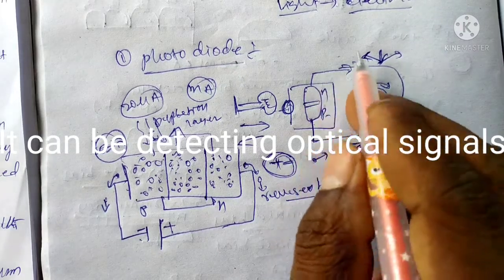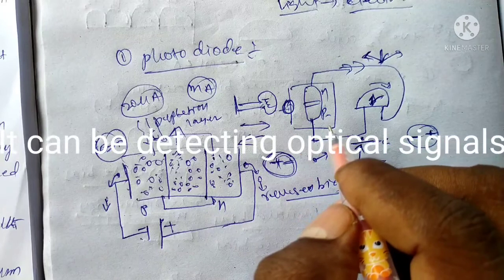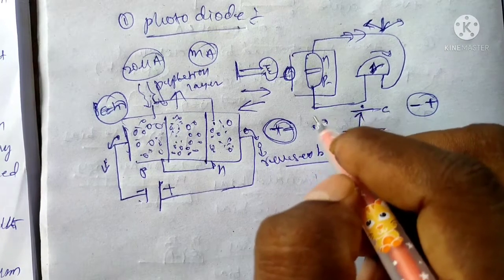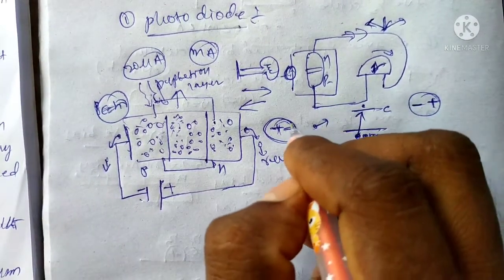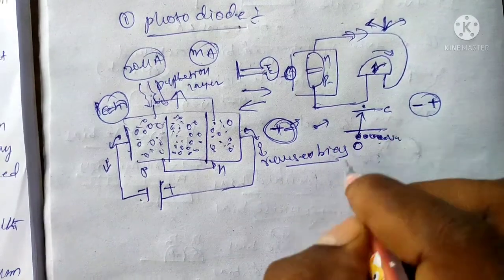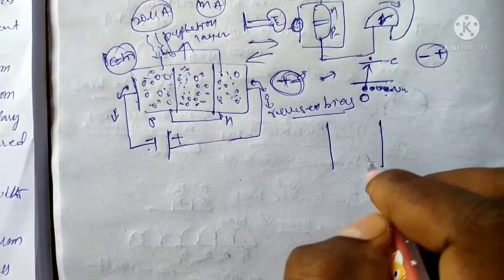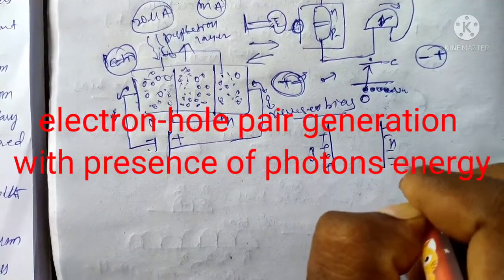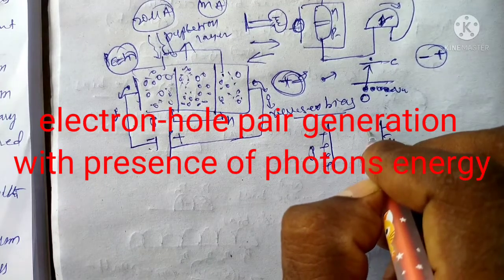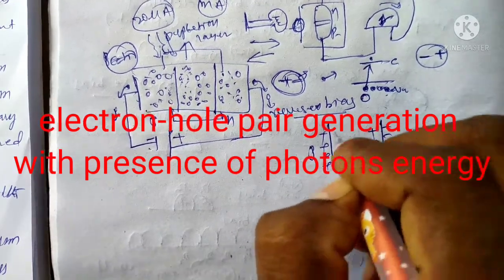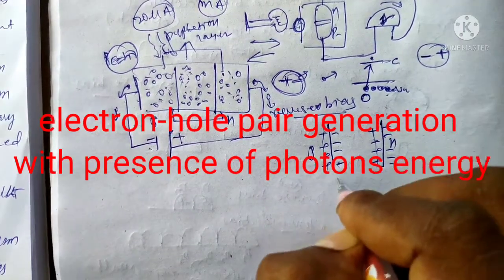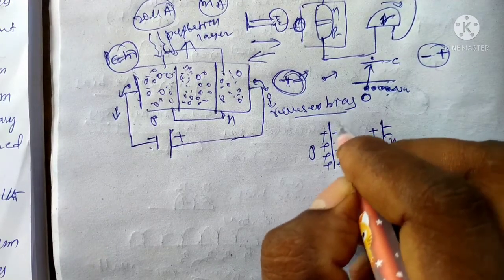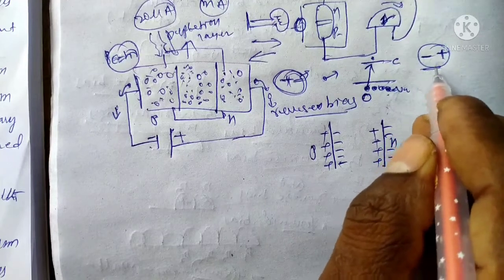This energy can be used in the photodiode to detect signals, how many signals there are. Before electron-hole pair generation, due to the electric field, the p type has positive charge and the n type has negative charge, and the carriers are attracted to the opposite layers.